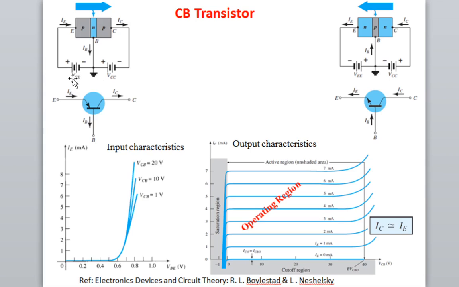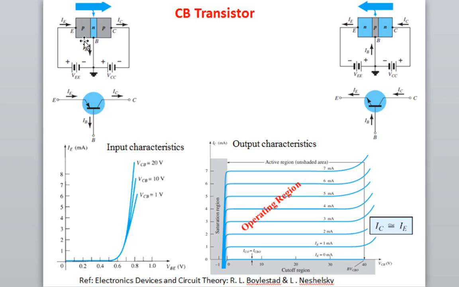The first E in subscript means the emitter, the battery is applied through the emitter, and the second E represents that the other terminal of the battery is grounded. Emitter voltage, another terminal of the battery is grounded, so that is why VEE. Collector voltage, another terminal is grounded, so this is VCC.